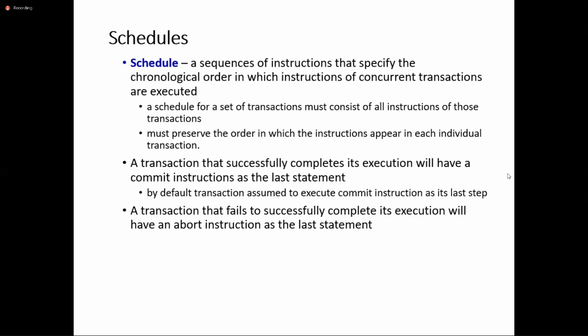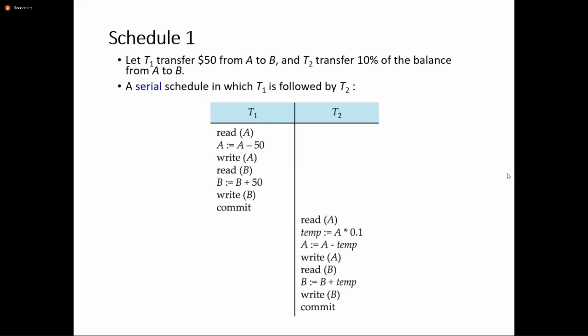A transaction that fails to complete its execution will have an abort instruction as the last statement, a rollback. For an unsuccessful completion, we write rollback as the last thing.